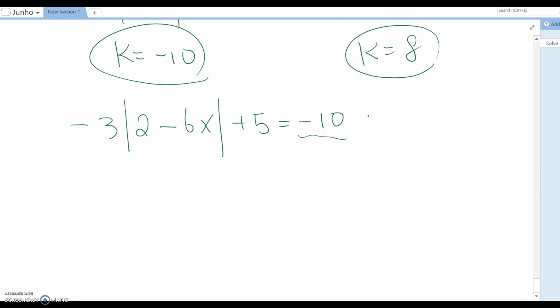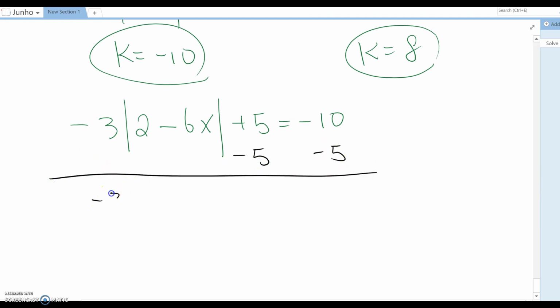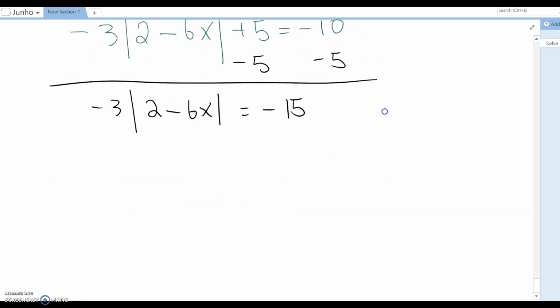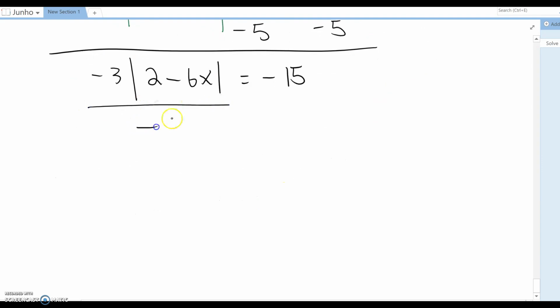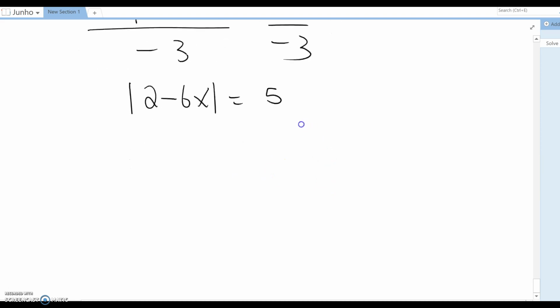We need to simplify and then reanalyze it. First of all, minus 5. Then negative 3 times the absolute value of 2 minus 6x equals negative 15. Now divide by negative 3. Then the absolute value of 2 minus 6x equals positive 5. So we can solve it now.